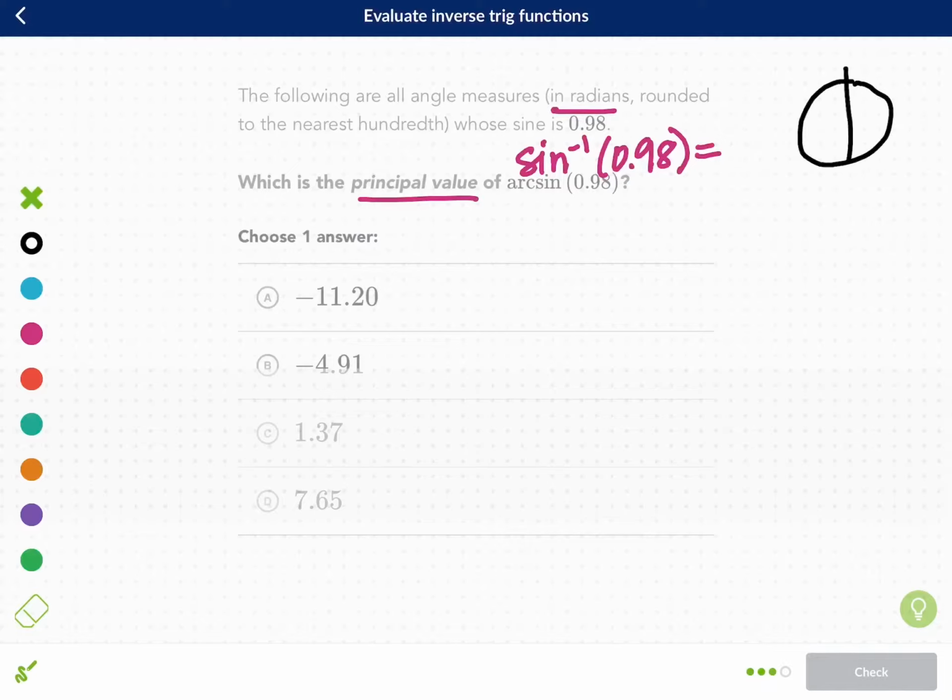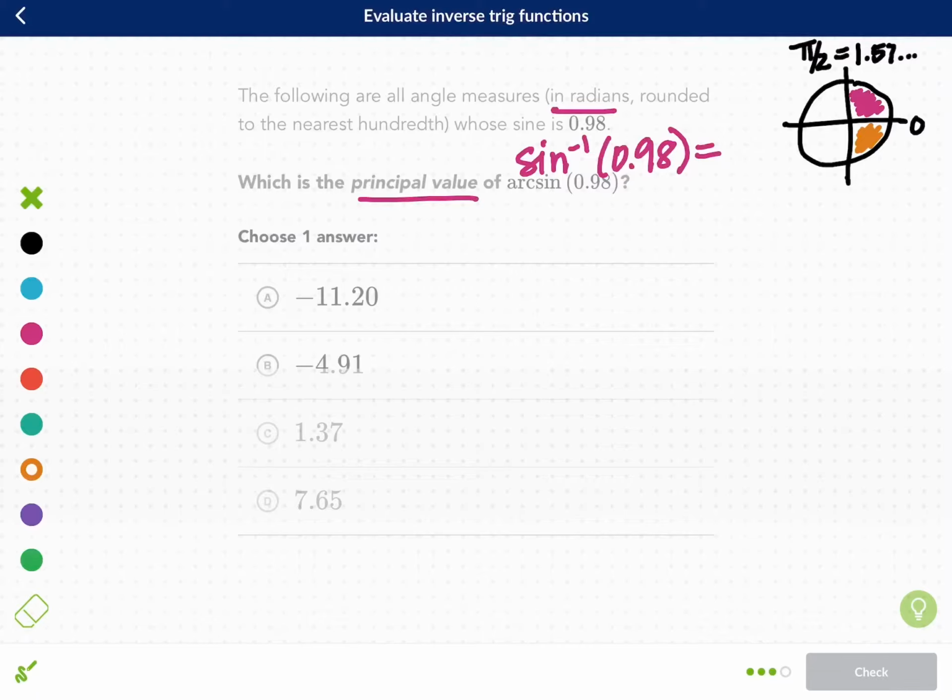Just as a reminder, the principal value will always come from the first quadrant, meaning 0 to 90 before, but instead of 90, now we're doing pi over 2, which is about 1.57 and some change. So we want to make sure we have a number between 0 and 1.57, or just the negative version of that. So let's go ahead and put this in our calculator.